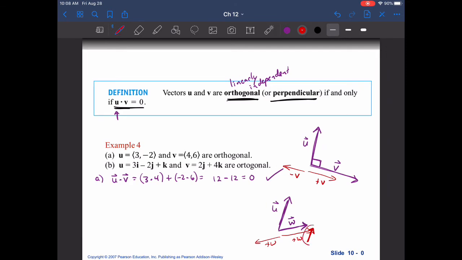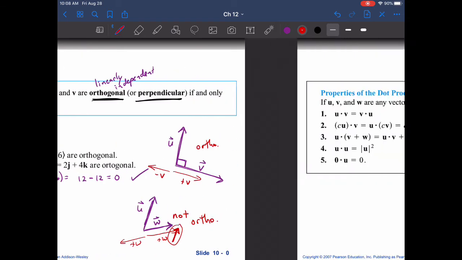So moving in w also moves me in either the plus or minus u direction. They are not orthogonal. They are not linearly independent. So, not ortho. Ortho. So, kind of keep that in mind.